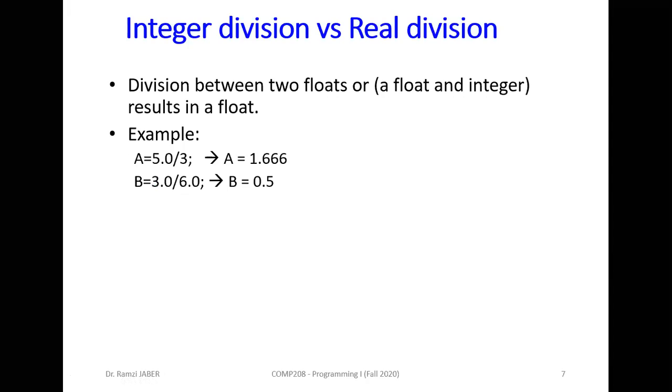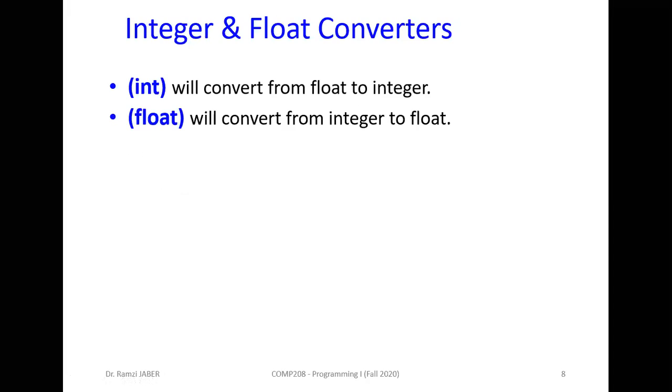Good. Let's now go to integer and float converters. We have integer converters and float converters. The syntax is like that: between parentheses int and your variable will convert from float to integer, and float will convert from integer to float.